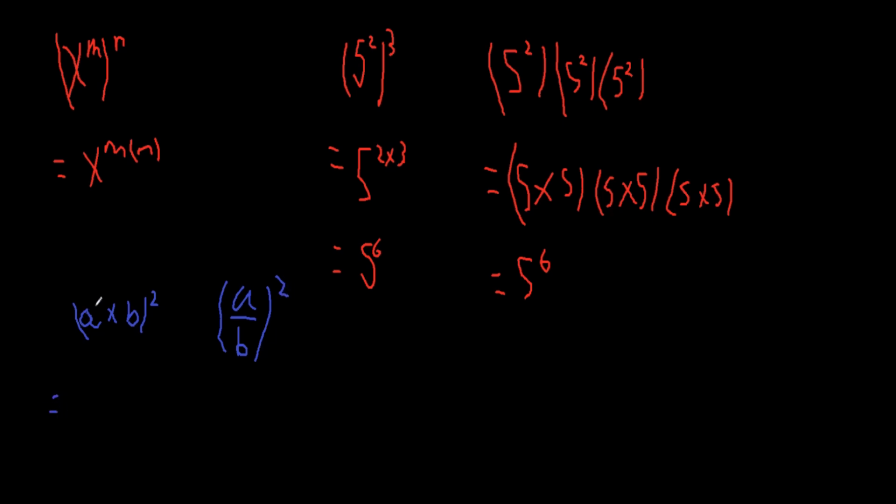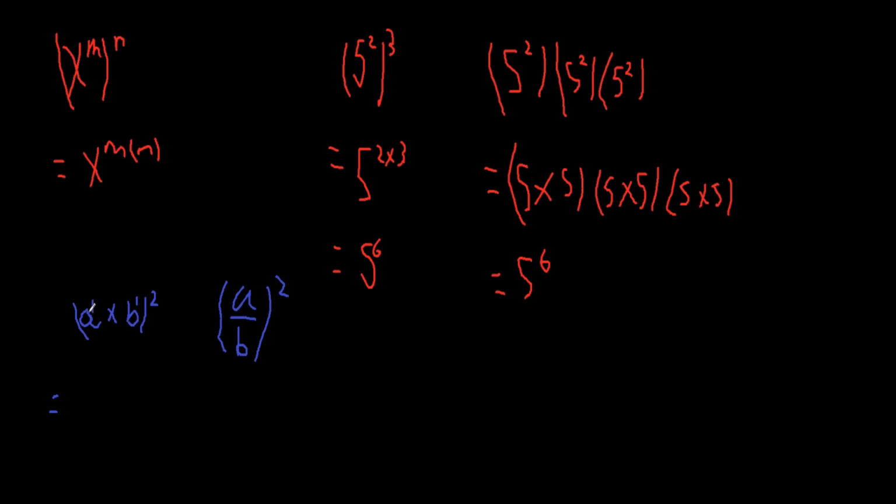So if we think back to our exponents, this is basically a to the 1, and this is b to the 1. So what we have to do is we have to multiply our exponents by whatever our exponent is outside the bracket, just like we did here.